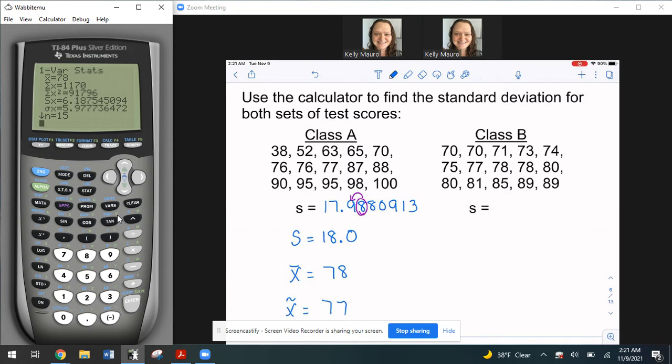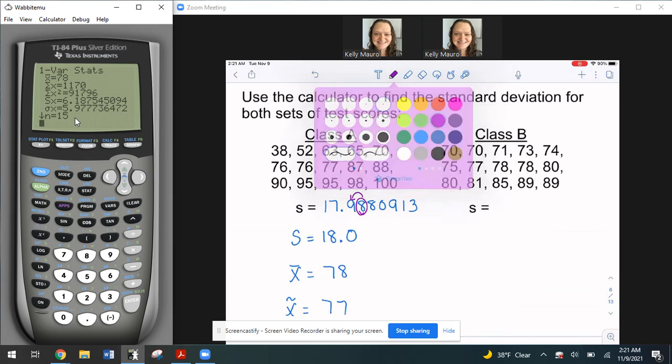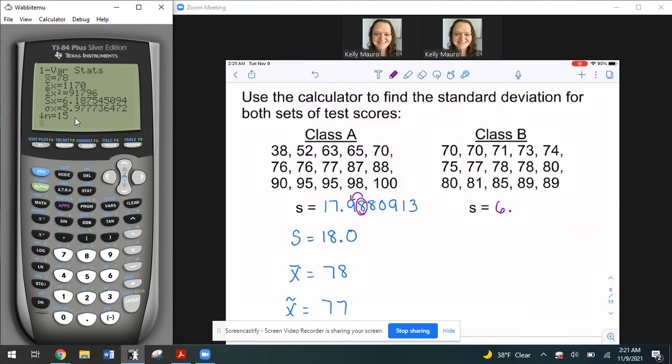So I can see here my standard deviation, again, is the SX number, SX. So I've got this standard deviation is 6.1875 and then 45094. Okay, so there's my standard deviation.